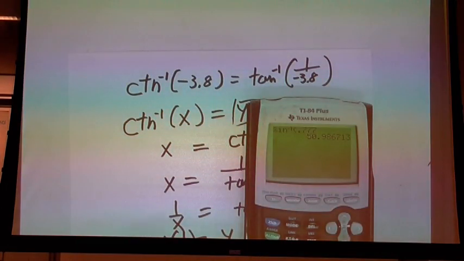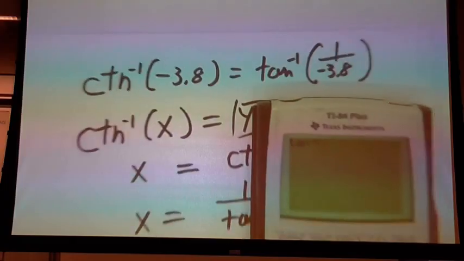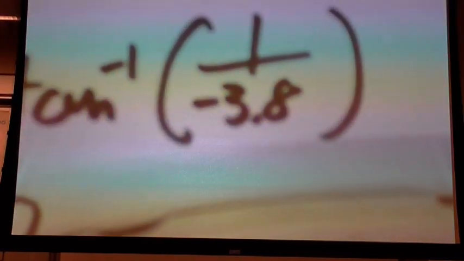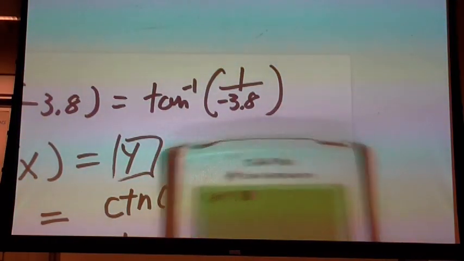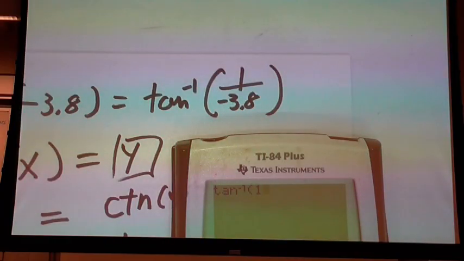Okay, let's try that. So, tangent inverse, in here a little bit. Oh, wow. Zooming. Machine: 1 divided by... and we had kind of the opposite of the light bulb. The light bulb turned off and then it turned on.